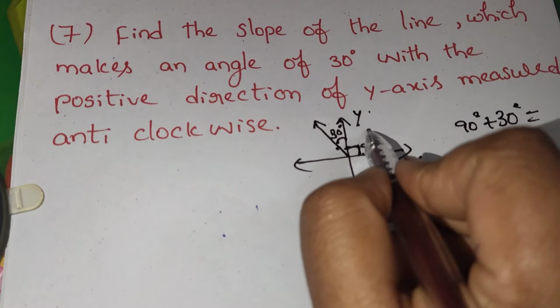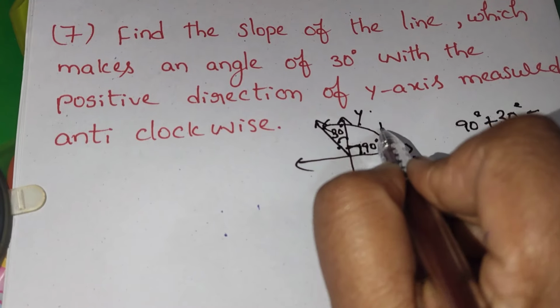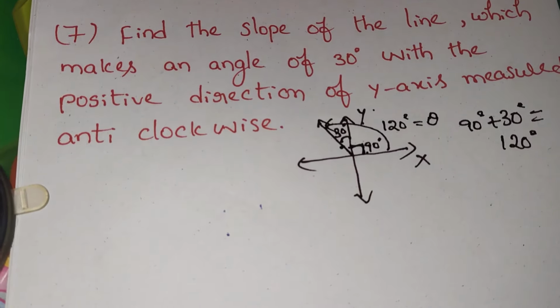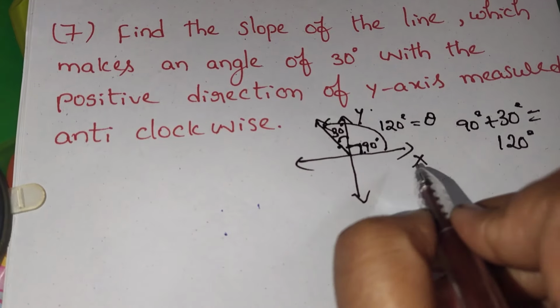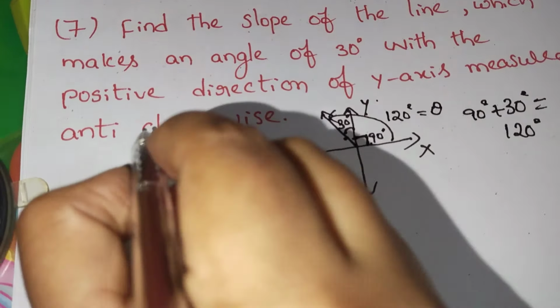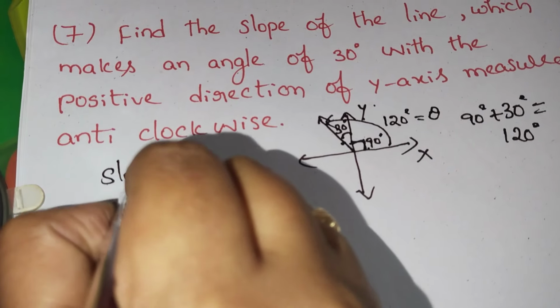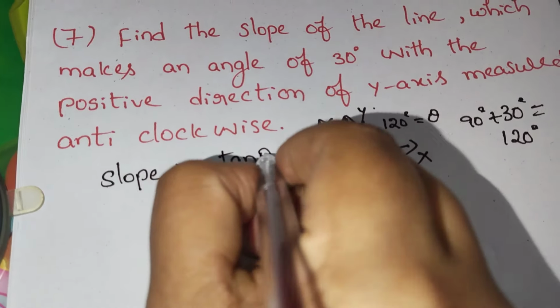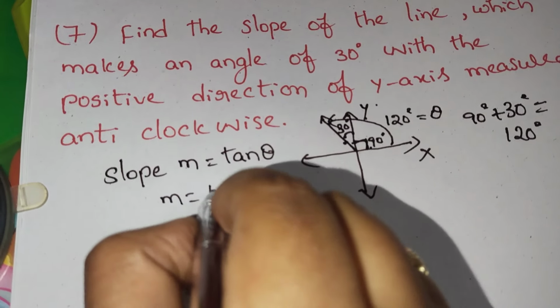So total from here to here is 120 degrees. That is the inclination with respect to the x-axis. So now apply the formula. What is the slope of a line when we know the inclination? Slope m equals tan theta. What is the theta here?